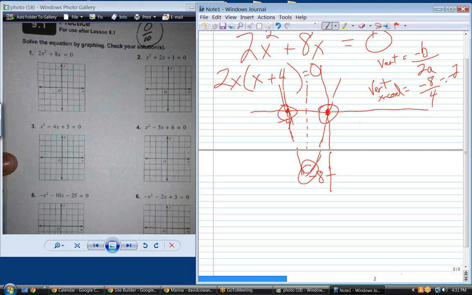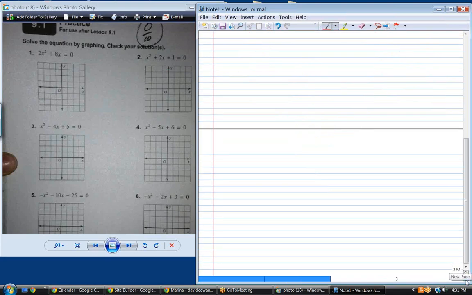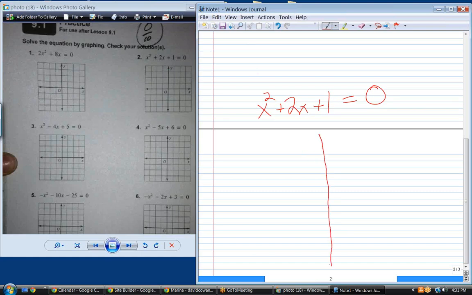Okay, so let's look at number 2. X squared plus 2x plus 1 equals 0. So let's start right off. Let's not graph anything. Let's solve for the y-intercept.